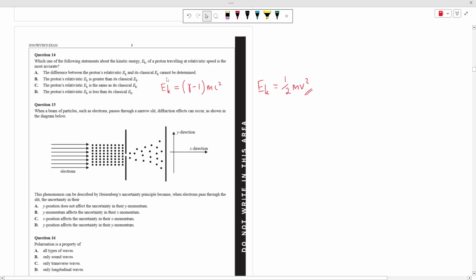But the relativistic equation, the closer and closer you get to the speed of light, the larger and larger this value keeps getting. You can't get to the speed of light, but the closer and closer you get, this thing shoots off towards infinity. So this can become as arbitrarily large as you need it to be to then make it larger than this number here that you would get. So I'm going to say it's B, only because the Lorentz factor can be made as large as you like just by making the proton move faster and faster.